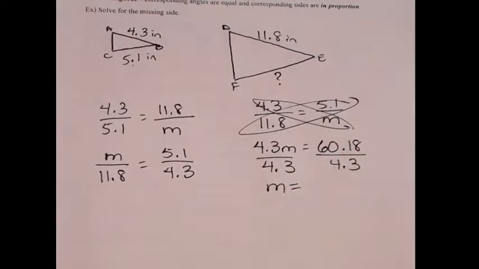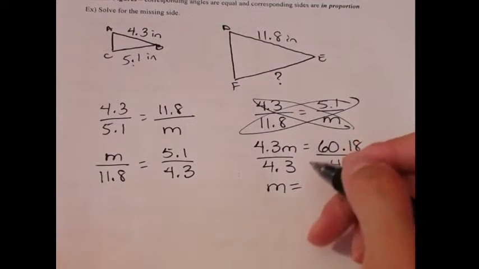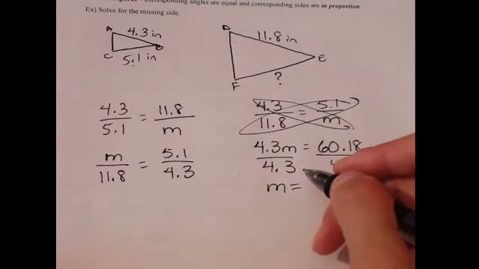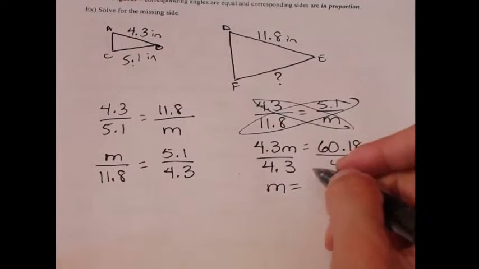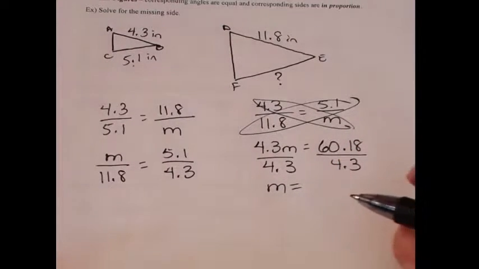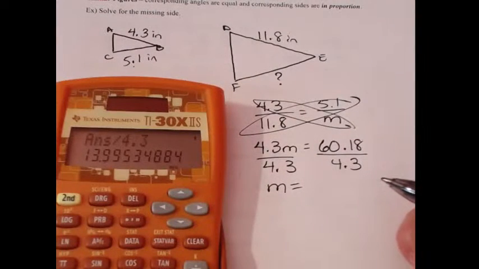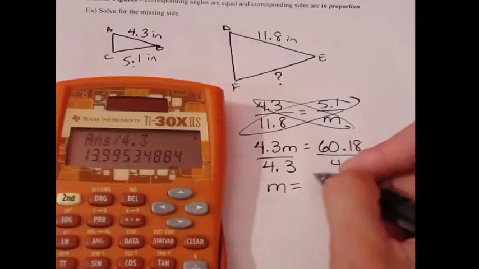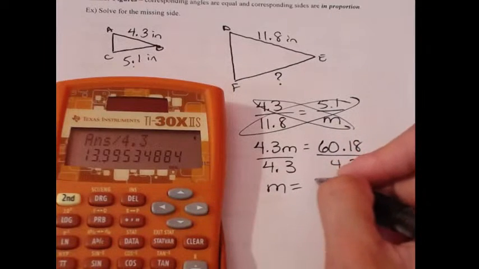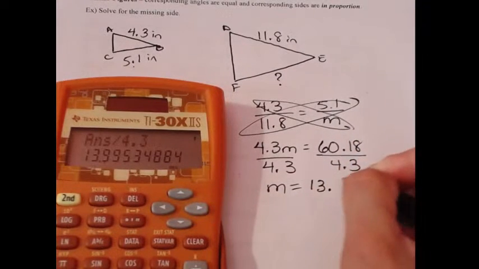We have m is equal to, so 60.18 divided by 4.3 is going to give us, ooh, this is a good one. I'm actually going to leave it to 3 decimal places because if you notice in your calculator, you get 13.9953.